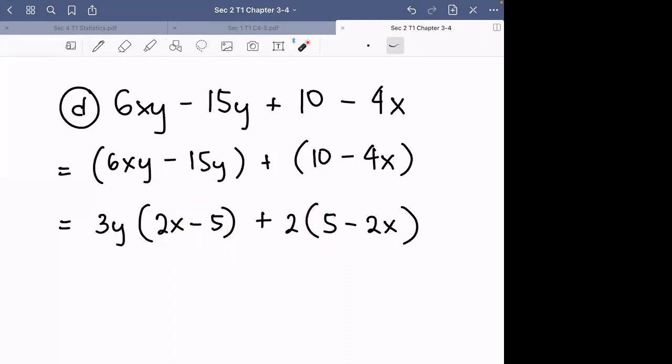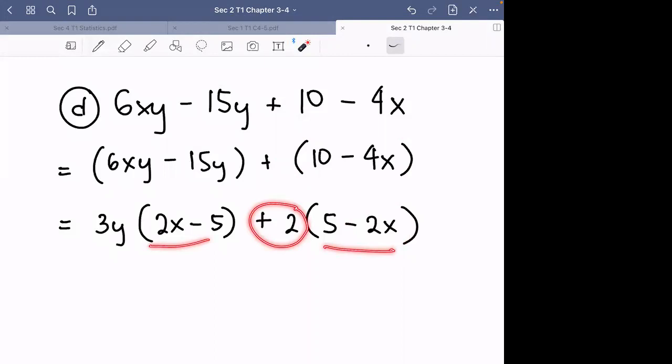So what should we do with the second group to make it the same with this? Make the 2x positive and make the 5 here -5. Because we factored out +2, right? So do you think we should factor out -2 instead of +2 to make this the same?